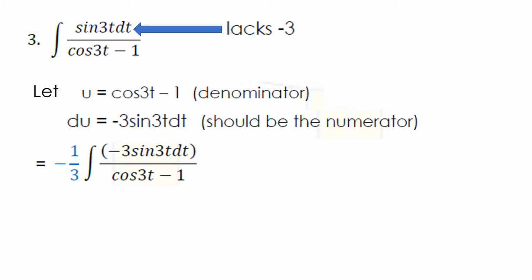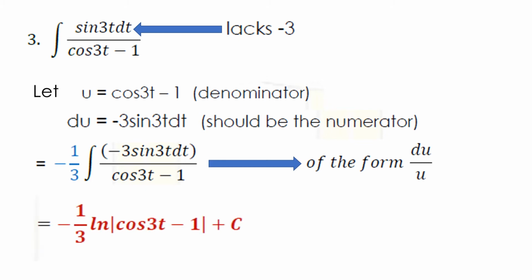So from here, we already corrected the form of our integrand wherein the numerator and the denominator are in the form du over u. In other words, the differential of the entire denominator is already exactly found in the numerator. So we now can proceed and apply the logarithm formula. So that will be negative 1/3 times the ln of cosine of 3t minus 1 plus the constant of integration c.